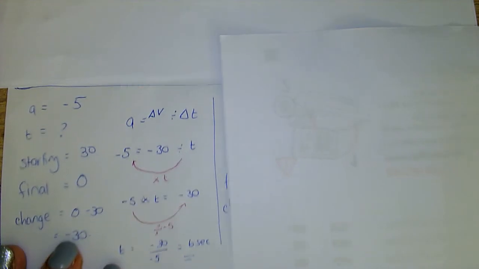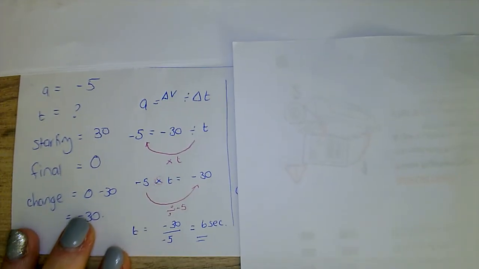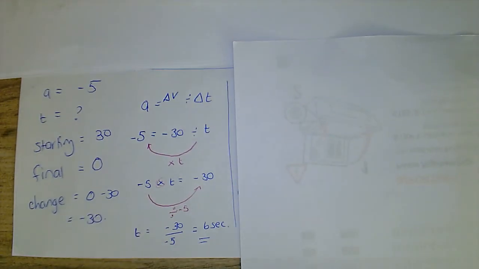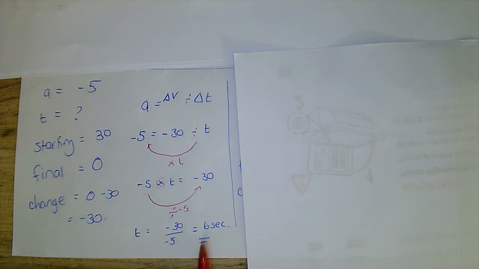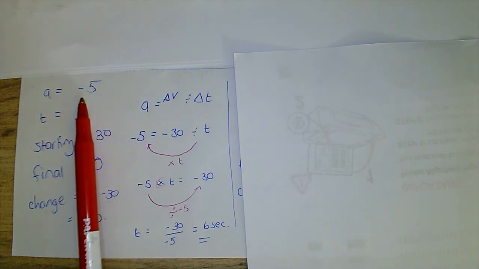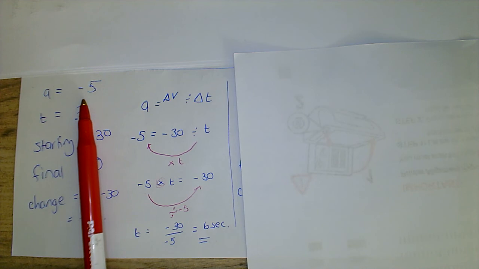So there are 2 ways that you can do number 4, and I'm going to talk you through both ways, and it just depends what way works for you. Both ways get you the same answer, so don't panic if you understand one but not the other. The answer we're looking for is 6 seconds. It tells you the acceleration is -5, so it means it's slowing, braking or decelerating.